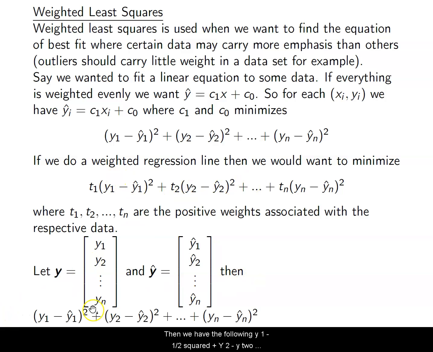Then we have the following: y1 minus y1 hat squared plus y2 minus y2 hat squared. The sum of these squared differences is equal to the norm squared of y minus the y hat vector.